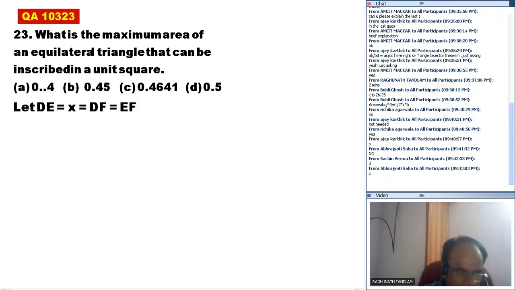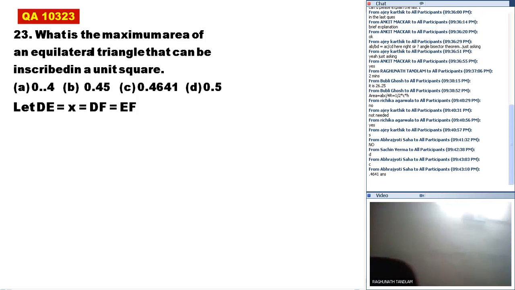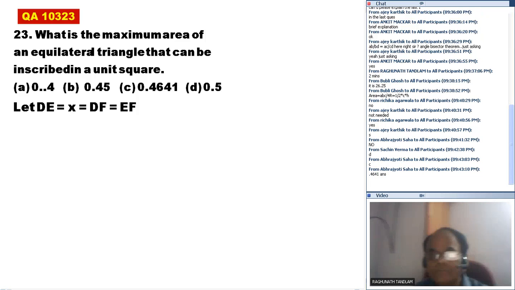The first choice is 0.4. Yes, others have found out what to do.